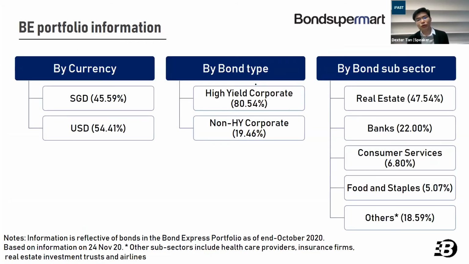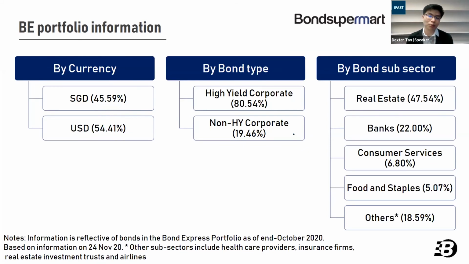Just to give you more information about the Bond Express portfolio, I wanted to show this earlier on the website, but here you can see that the Bond Express portfolio has about 50% in US dollar bonds and about 50% in Sing dollar bonds, and 80% of the portfolio is right now in high yield corporates, and about 20% is in non high yield corporates.